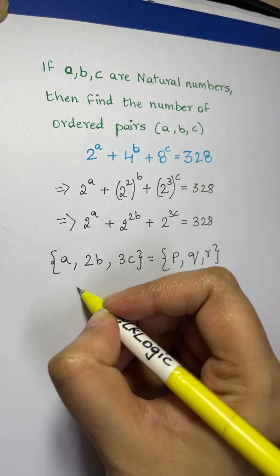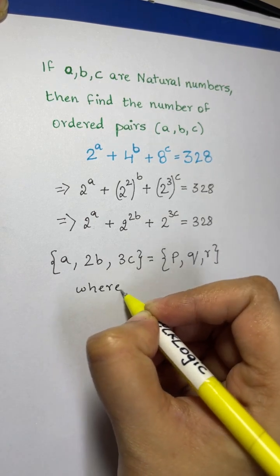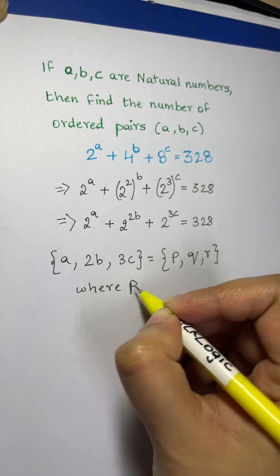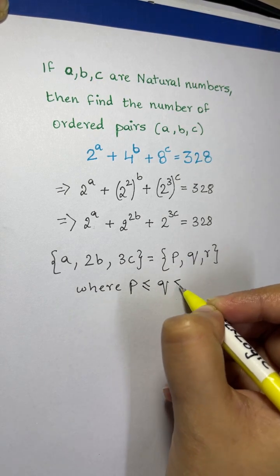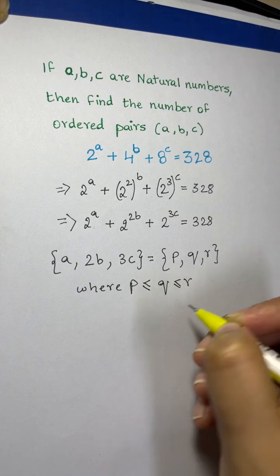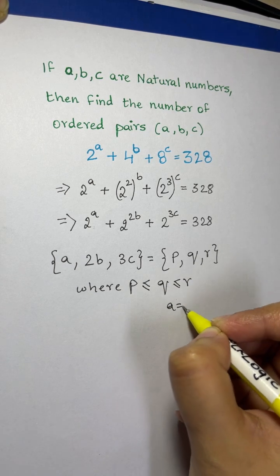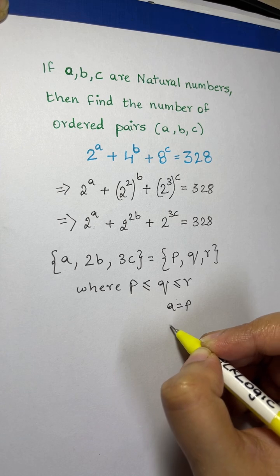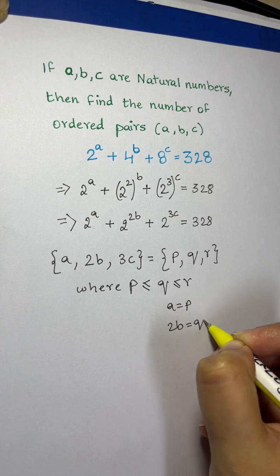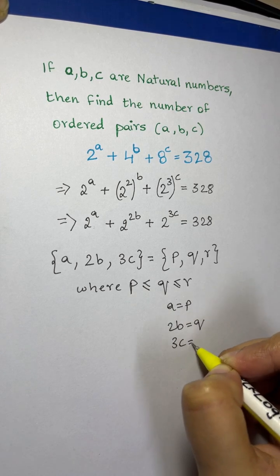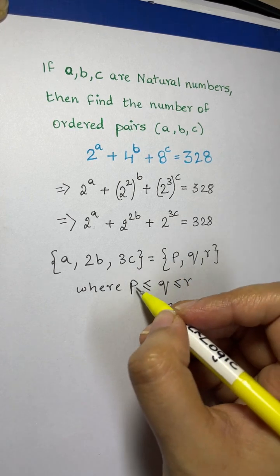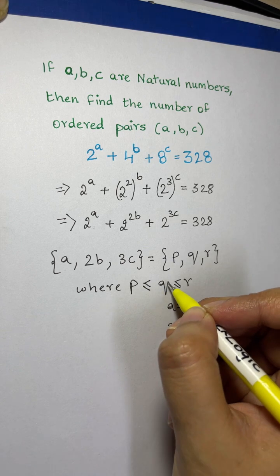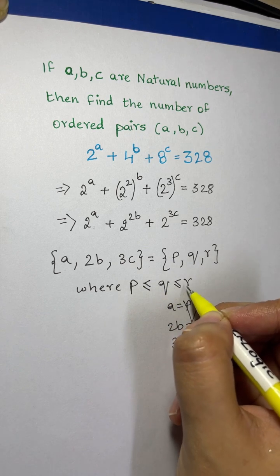Now you should understand where p, q and r are in this. p is less than or equal to q is less than or equal to r. We're not saying a is equal to p, 2b is equal to q, or 3c is equal to r. No, it should always be p less than or equal to q less than or equal to r.